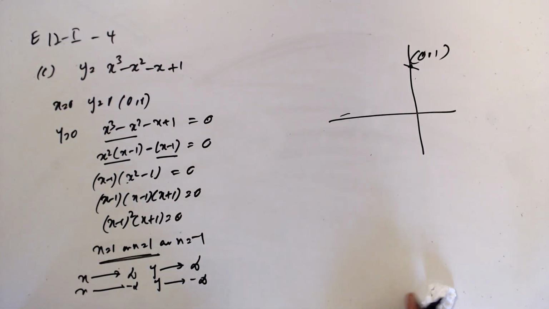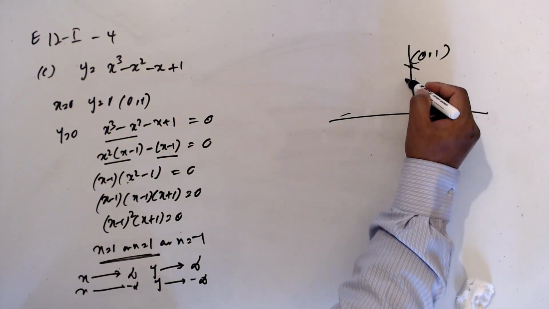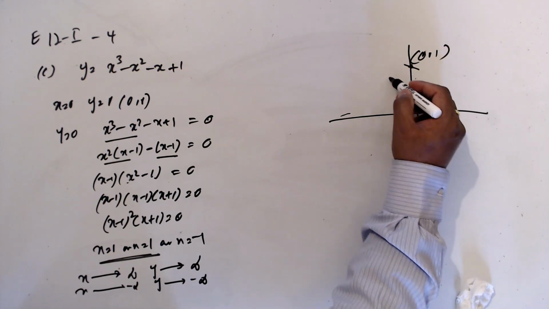We worked out in chapter number 4 this kind of graph. So the graph is going to be something like this.